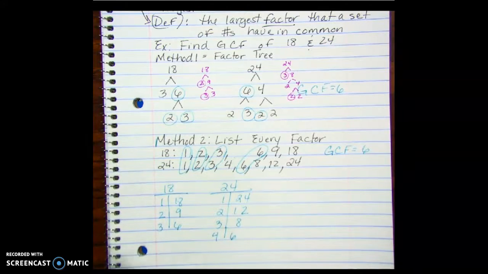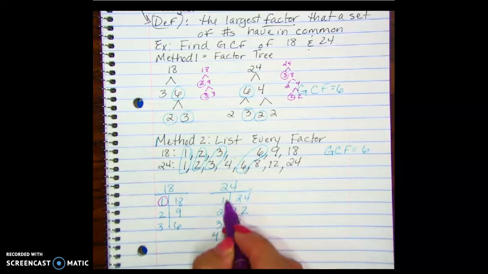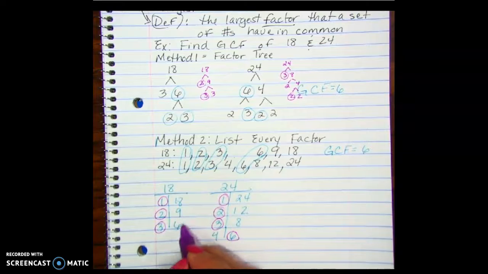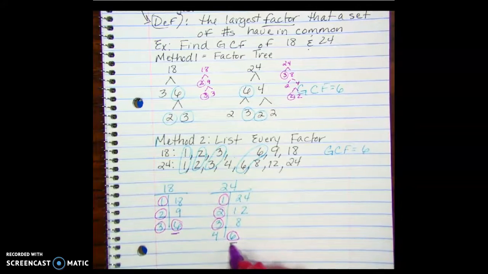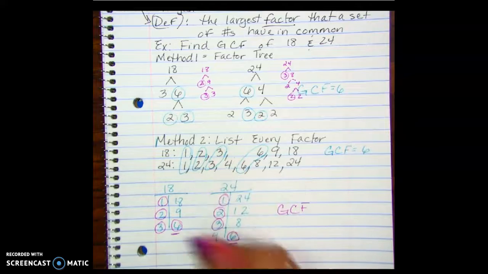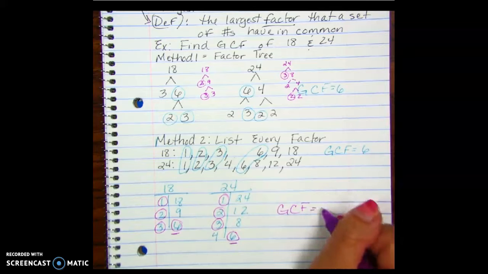You circle your factors, and then you locate your greatest common factor. And that is your answer. These are very similar to each other, but I think this one is way more organized. So if you're using that, that's okay too.